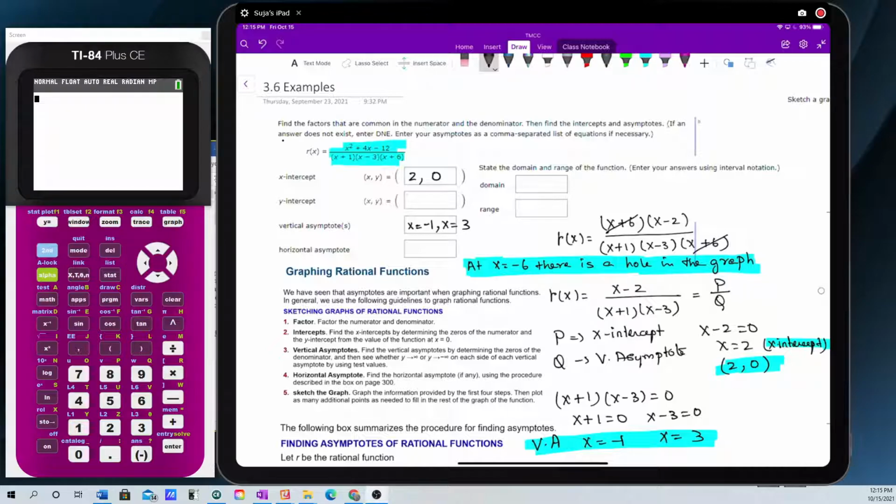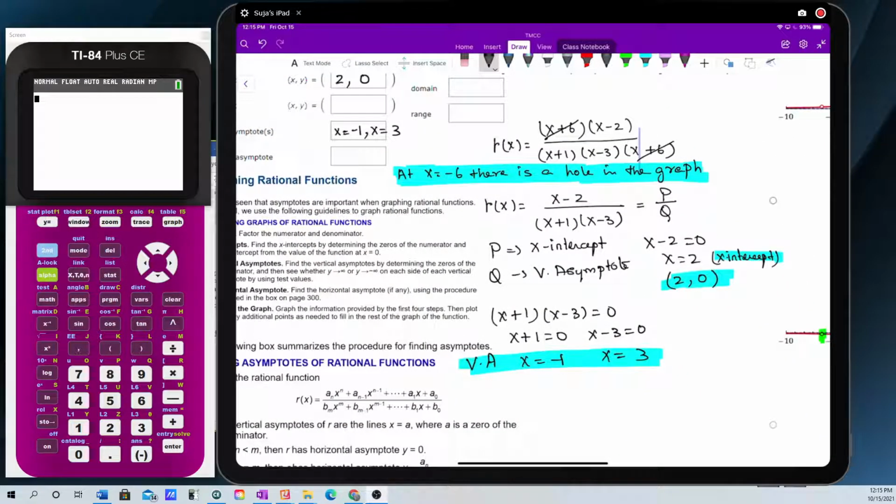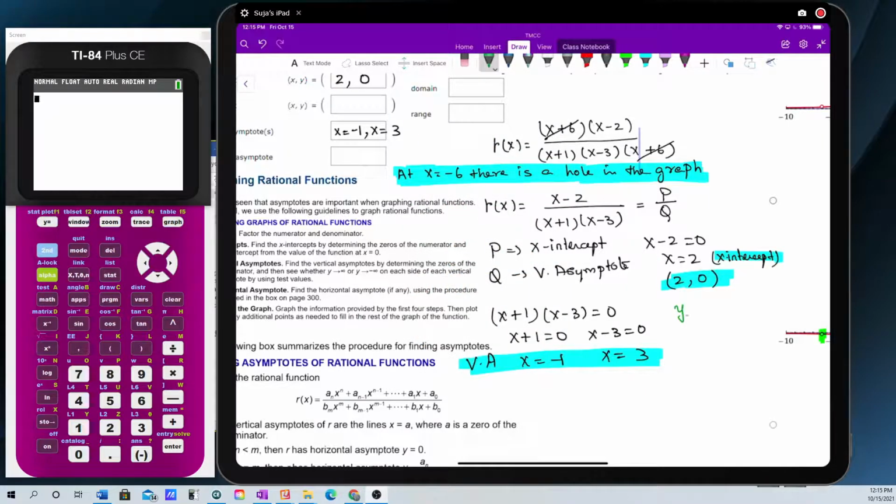The next part is to find the y-intercept. To find the y-intercept, I'm going to plug in 0 for x, so r of 0 is what I'm looking for. 0 minus 2 over 0 plus 1 times 0 minus 3. Again, I'm using the simplified rational function.